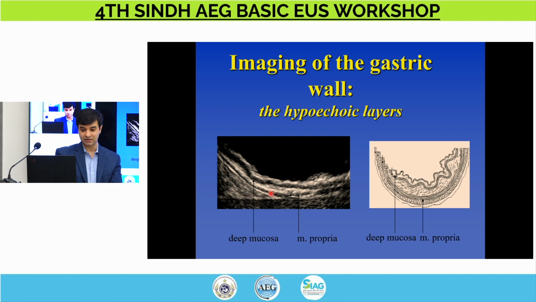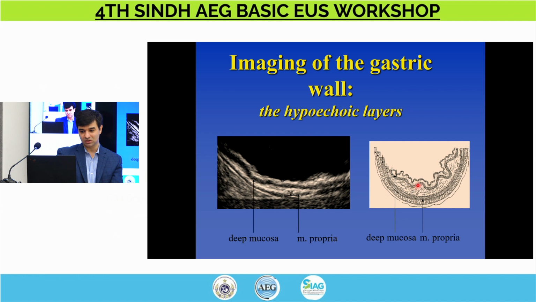That's the MP layer, right? The muscularis propria. In this case, it's a little thin, and there are variations. In the esophagus, that can sometimes be the case. The next black structure, and that will allow you to orient, is usually a thinner black structure located closer to your transducer.